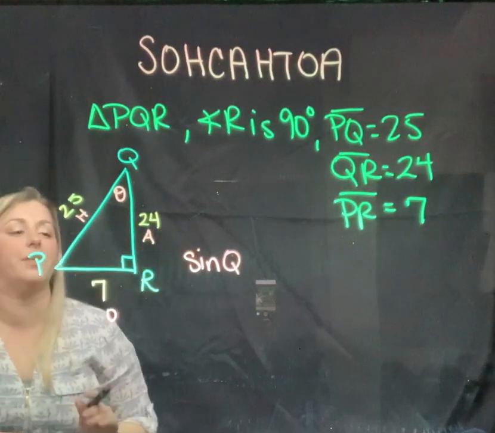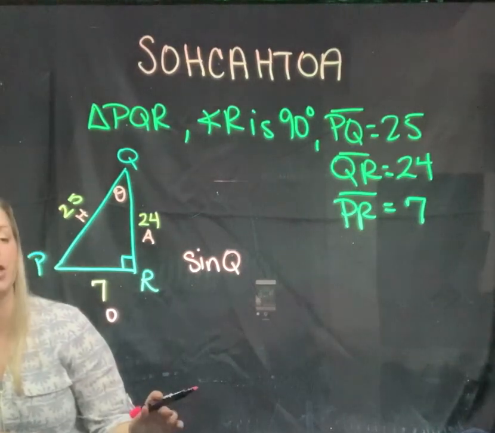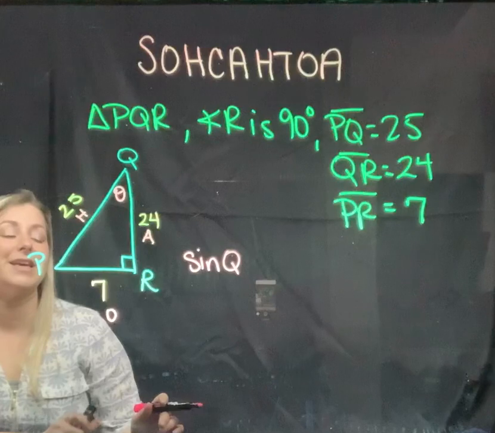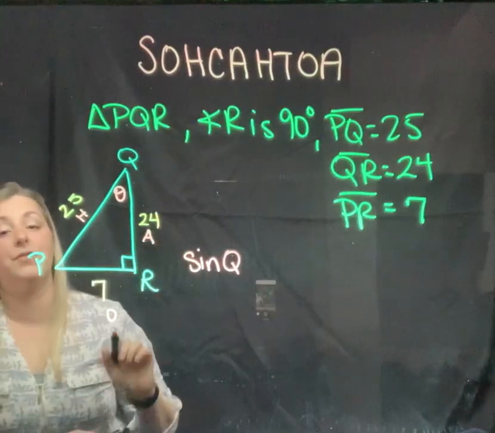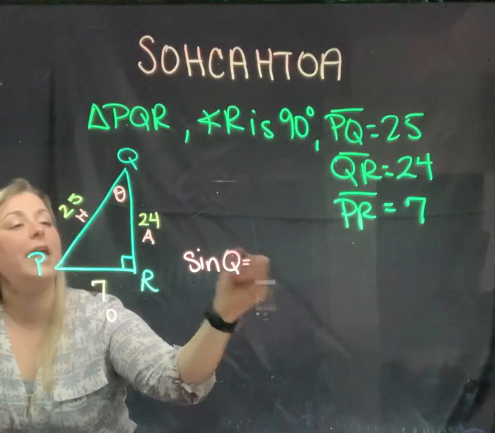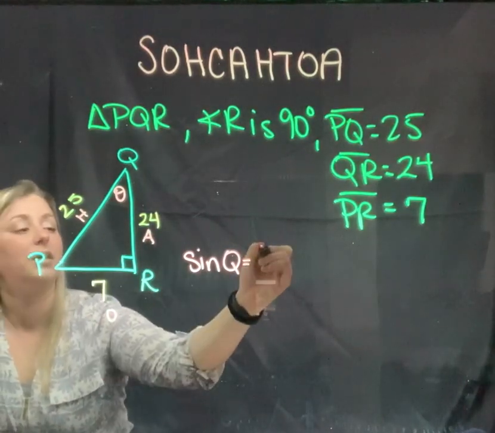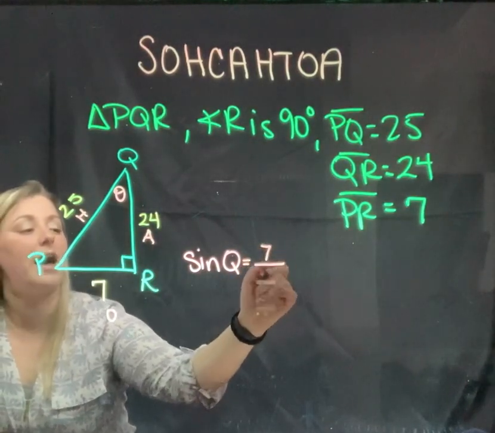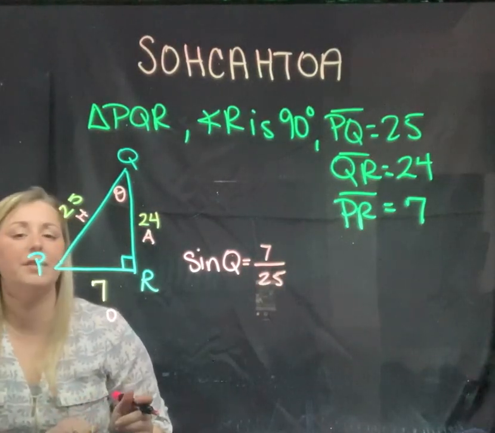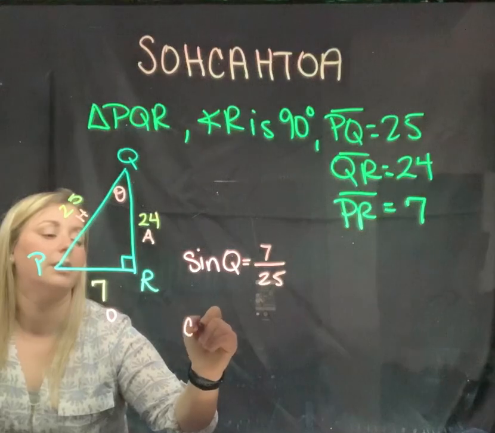I always advise to do that first, this way you can set up your trig functions or your trig ratios. So sine of Q. That's the opposite over the hypotenuse if we go back to the SOHCAHTOA at the top. O over H. O is 7, and the hypotenuse is 25. So 7 over 25. I could then get my cosine.